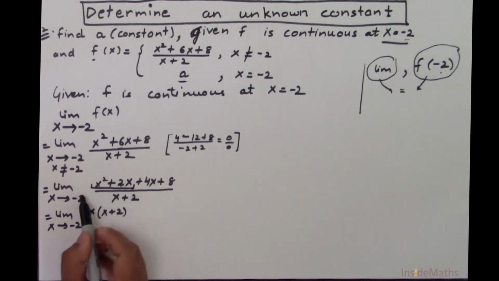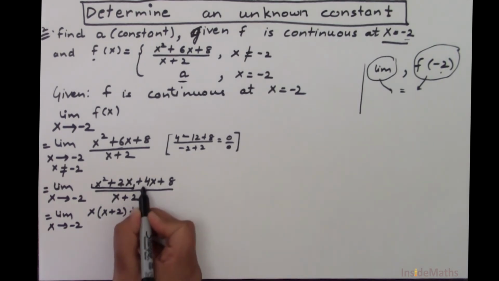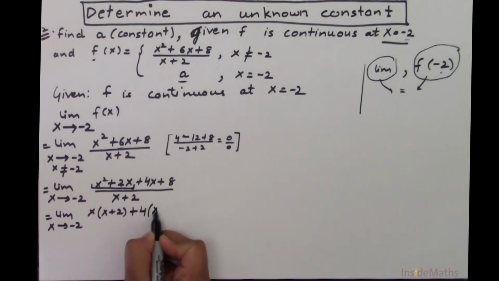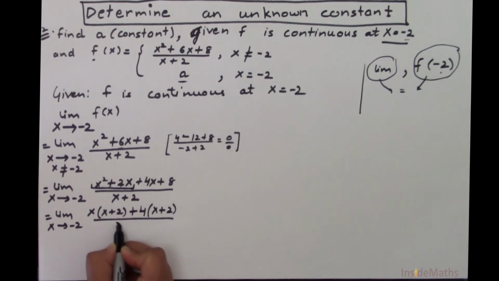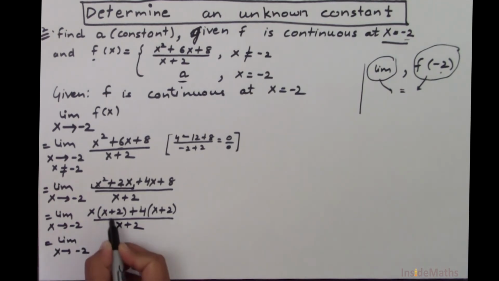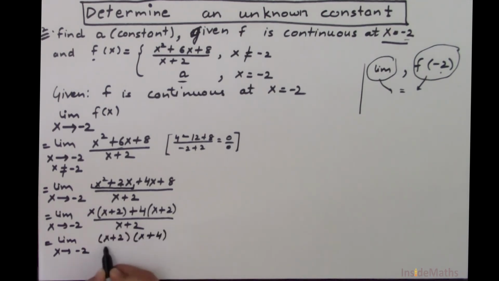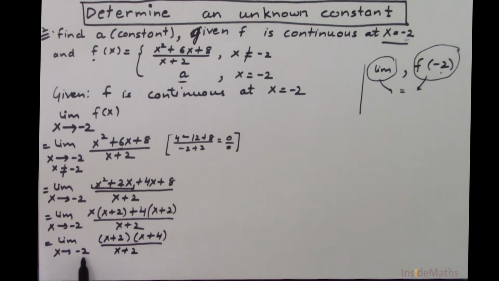So x came out, x plus 2 is left. And from the other term, I will take 4 out and x plus 2 is left. X plus 2. Limit x approaches to negative 2. Now here I can take x plus 2 out from this whole term and x plus 4 is left. X plus 2. Now here as x is not equal to negative 2, I can cancel these like terms. So limit x approaches to negative 2, x plus 4 is left.